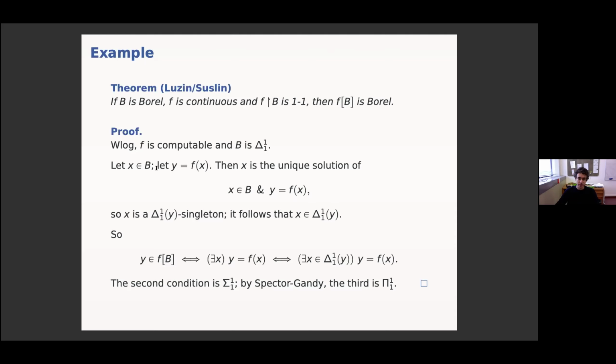Take any point in B, call it x, and let y be the image f of x. Here I have a predicate with y as a parameter and x as a variable that is delta 1-1.